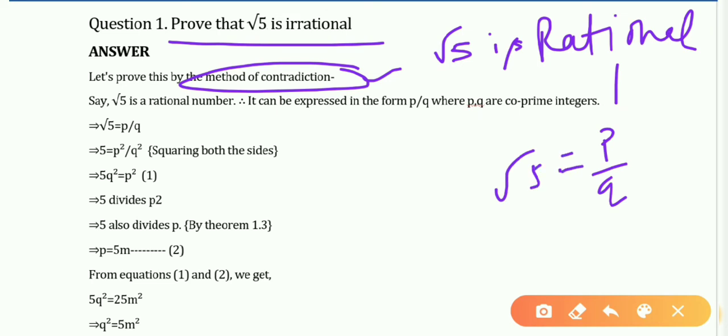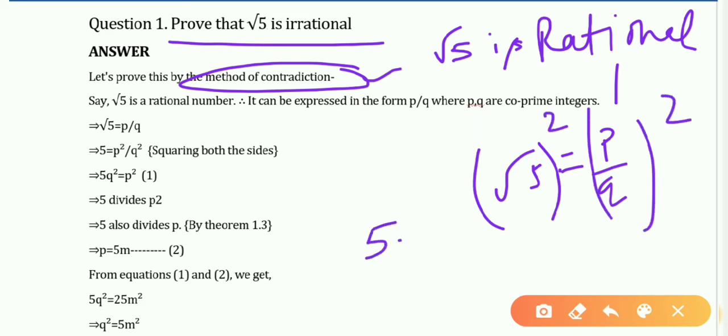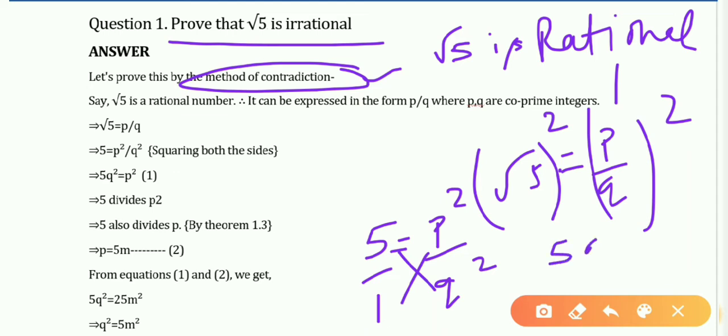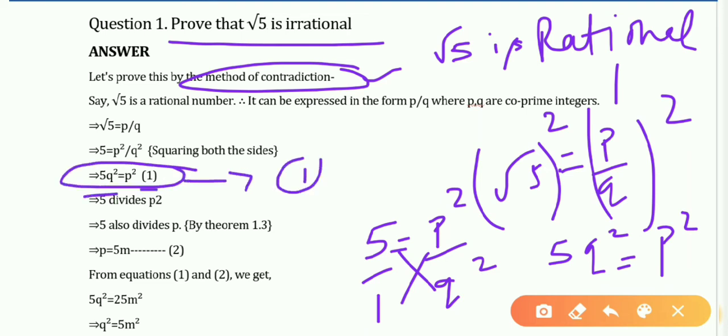The next step, after squaring this equation, I get 5 is equal to p square divided by q square. After cross multiplication, I get the result 5q square is equal to p square. This is equation 1: 5q square is equal to p square.